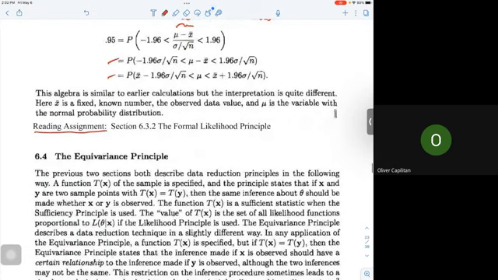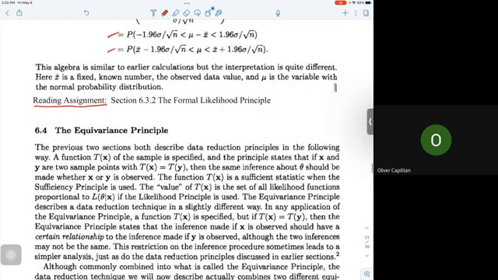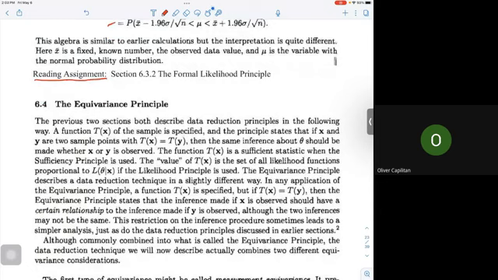So let's proceed to the last data reduction technique. What we have, we call it the equivariance principle. So the previous two sections both describe data reduction principles in the following way. We have the function of the sample, T of X, specified, and the principle states that if the sample points x and y satisfy the condition that T of x is equal to T of y, then the same inference about the unknown parameter theta should be made whether the sample point x or y is observed.